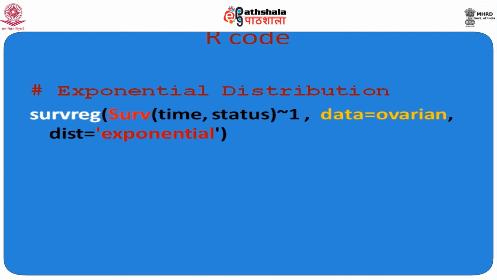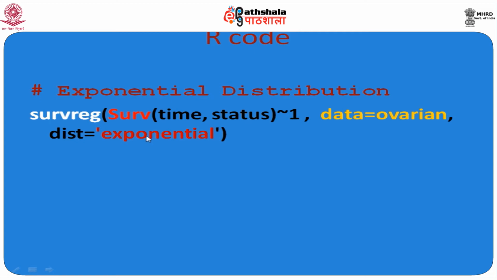The response of interest is the time of observations, which is assumed to follow the exponential distribution. So here we call dist equals exponential, and data equals ovarian.